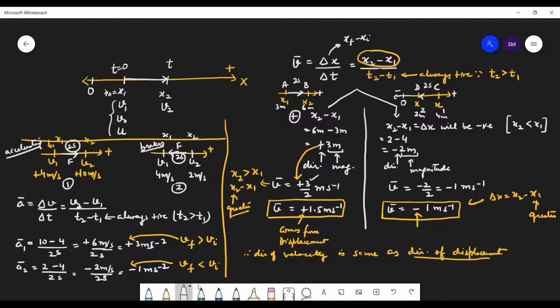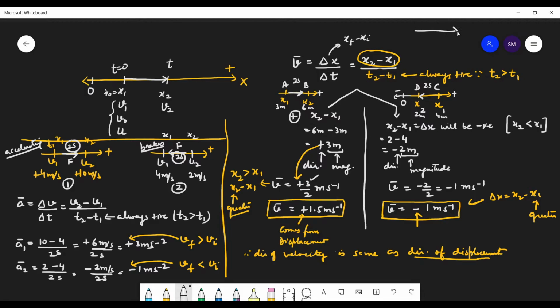But see here, what is the interpretation of positive and negative? They are telling you the direction of the motion here. So direction of motion means velocity; it depends on which direction you are moving.